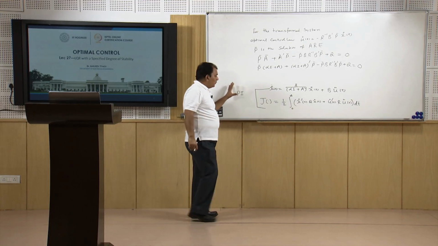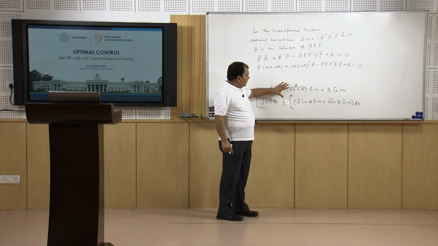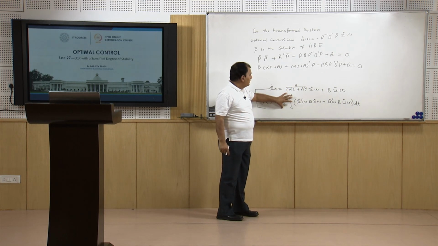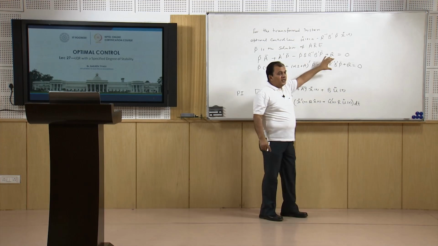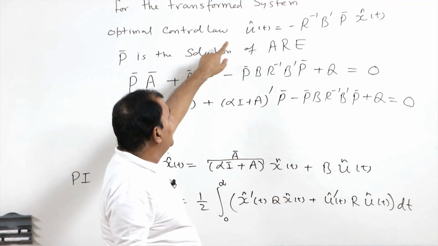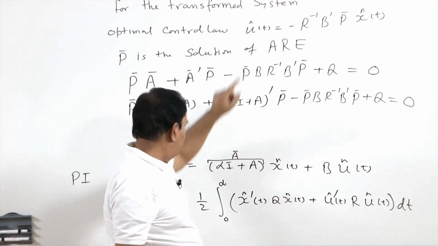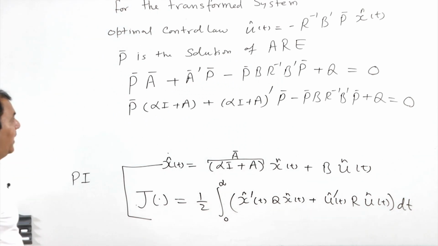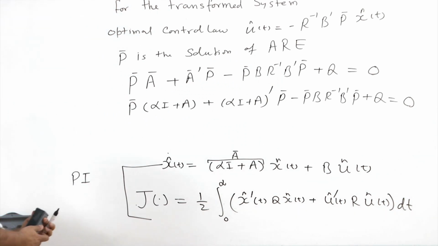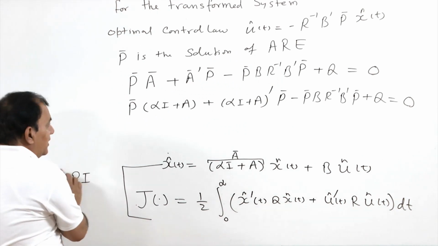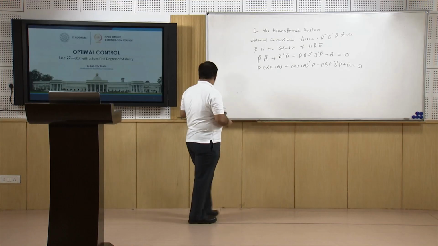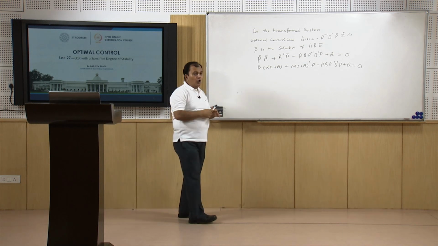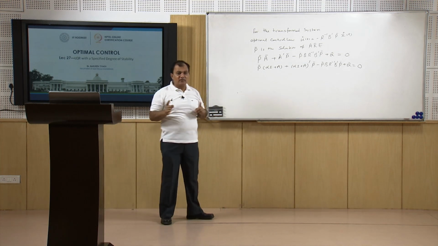So, for my transformed system, I will solve this Riccati equation. This gives me the value of u hat, which is minus R inverse B prime P bar x hat of t. But my objective is to find the optimal control law for the original system.